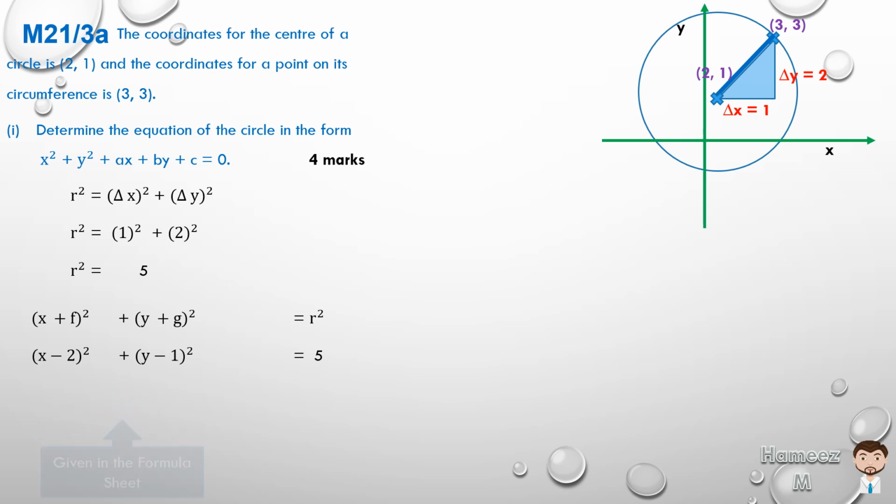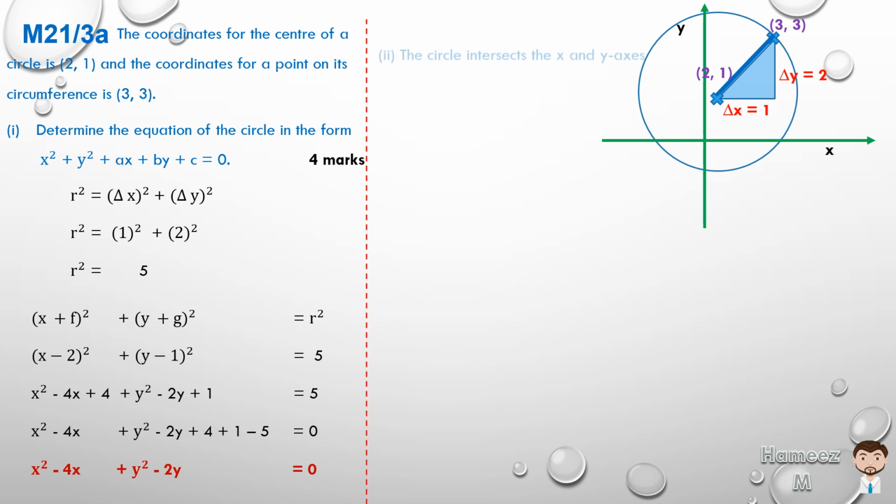So if we expand, it's going to give us x squared minus 4x plus 4 plus y squared minus 2y plus 1 is equal to 5. And if you bring everything across on the left-hand side, it's going to give us x squared minus 4x plus y squared minus 2y plus 4 plus 1 minus 5 is equal to 0. So x squared minus 4x plus y squared minus 2y is equal to 0.